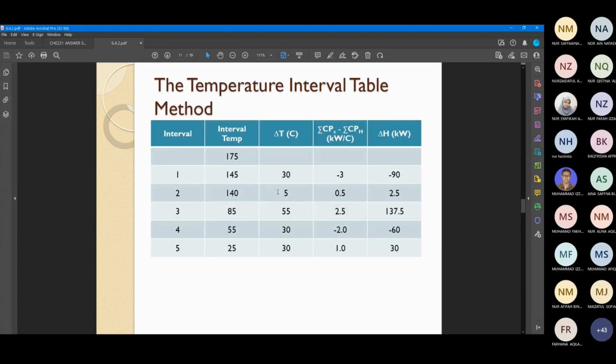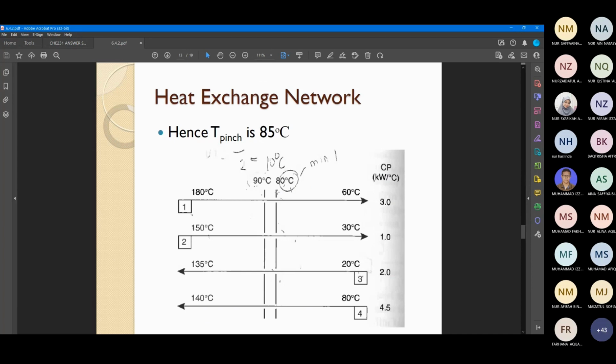So today I just want to explain a simple method, which is just to choose your pinch for the cold stream. For example, we don't look at this first, just look at what we want to do.